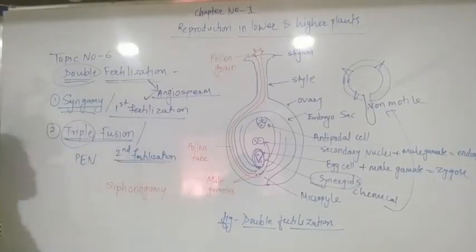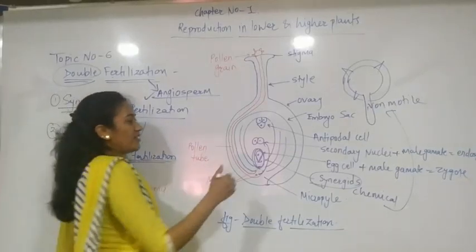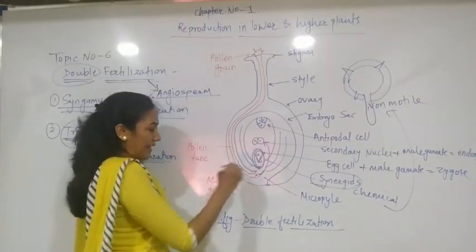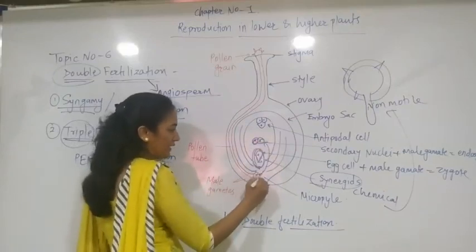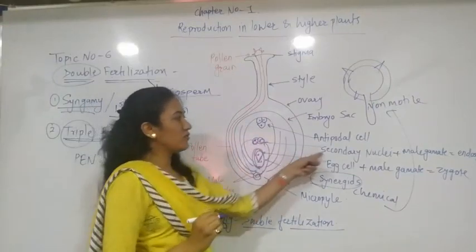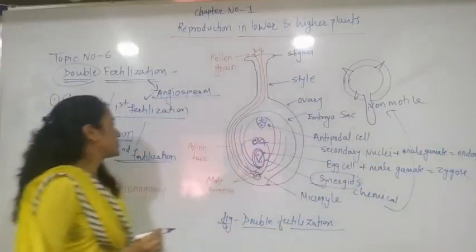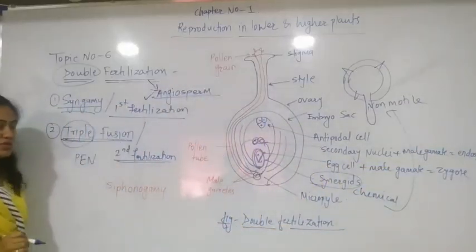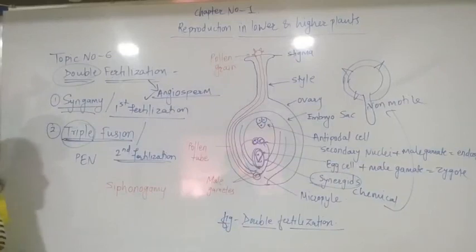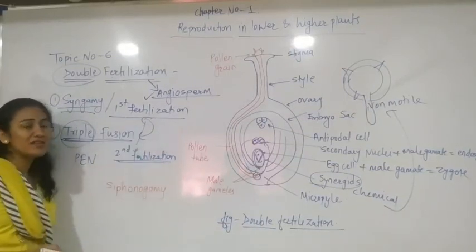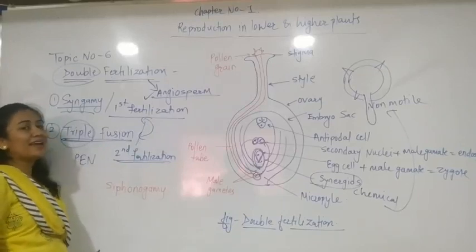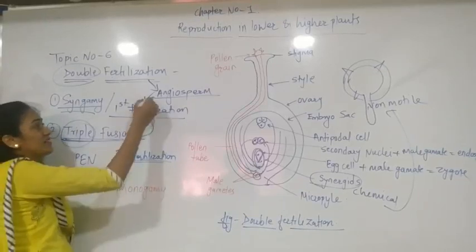Why is this process called triple fusion? Because the secondary nucleus has two nuclei, and the third one is from the male gamete. So the 1, 2 and 3 nuclei fuse together to form endosperm. That's why this process is called triple fusion or second fertilization. Why is there a necessity for fertilization to take place in two processes? It is actually a characteristic of the embryo sac present in the angiosperm.